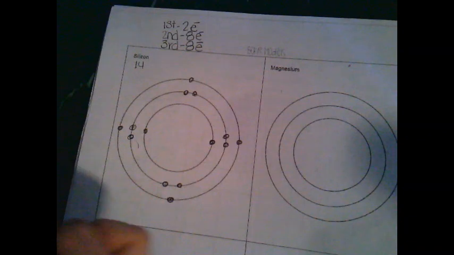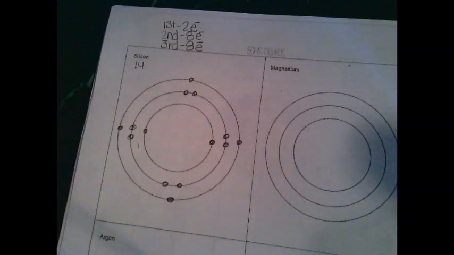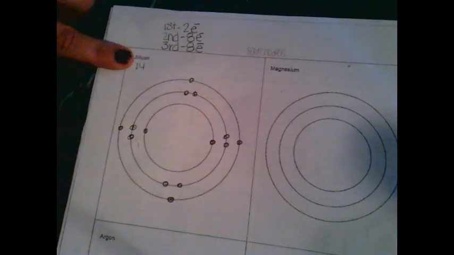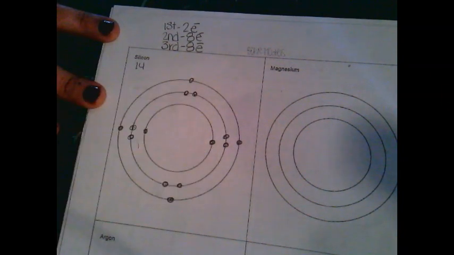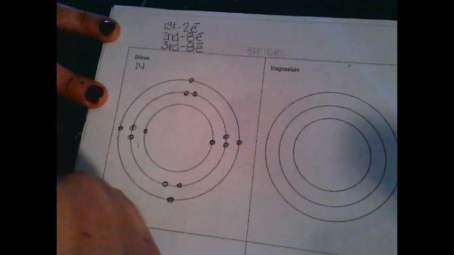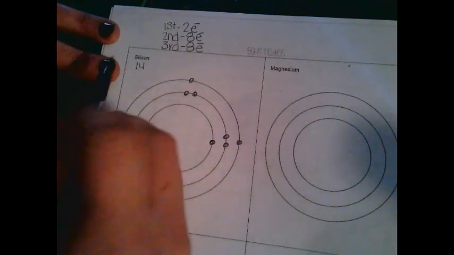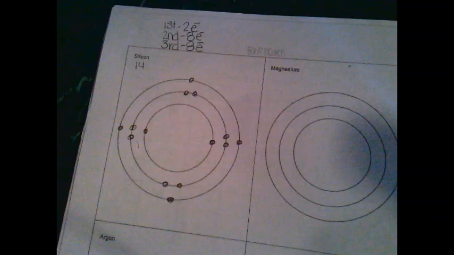So when you're doing Bohr models, you need to find the atomic number. So I found silicon on the periodic table, and it has an atomic number of 14, all right? So I think, okay, the atomic number tells me the amount of electrons. Bohr models show the total amount of electrons. So what do I know?